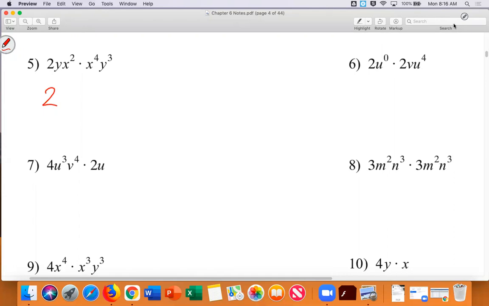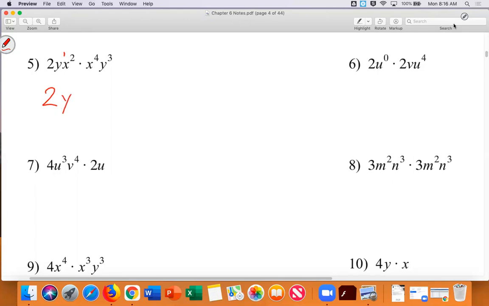Is that okay with you? All right. Now this is y to the what power? Just the y. So x is to the 2nd. But what is the y to? To the 1st. Would you agree? So we're going to put a 1 there.